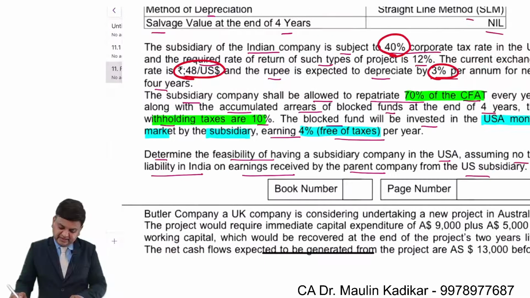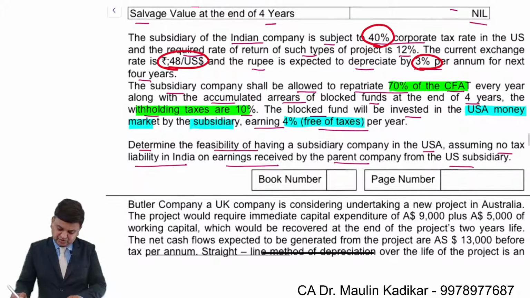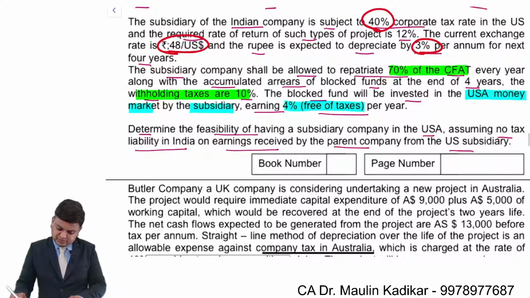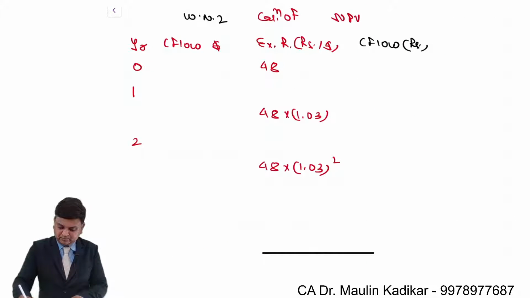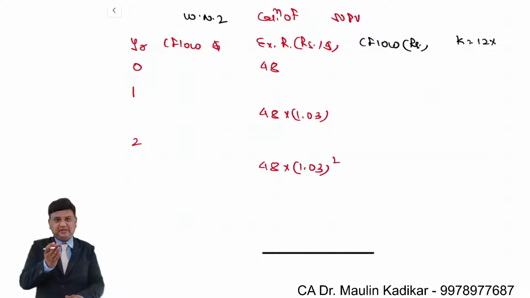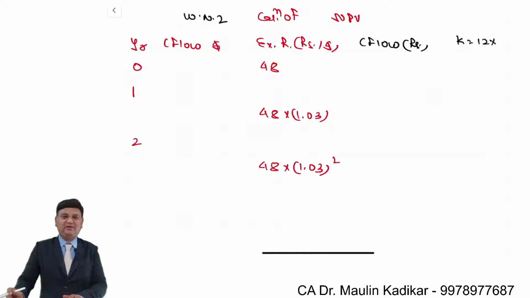Later on, we will be discounting the cash flows. The required rate of return is provided to us as 12%. So discounting at 12%, cash flows into present value factor. The product of both will be summed, and that is the way NPV will be calculated.